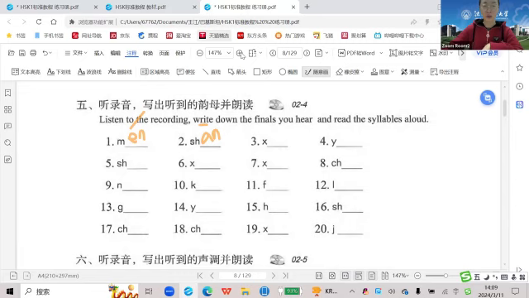The tone was wrong. Xiong, yes, right, you are right. So the right answer is the second tone. The second tone, 熊. Okay. Number 4, 用.